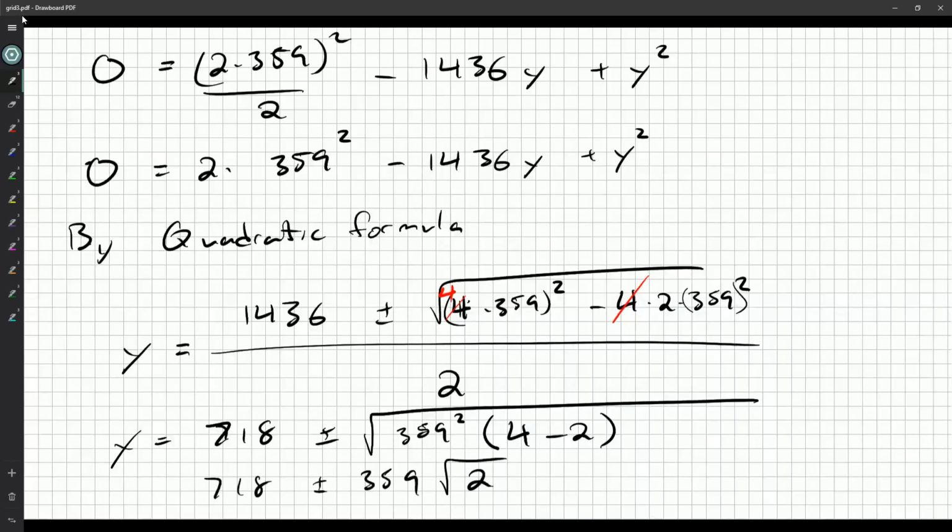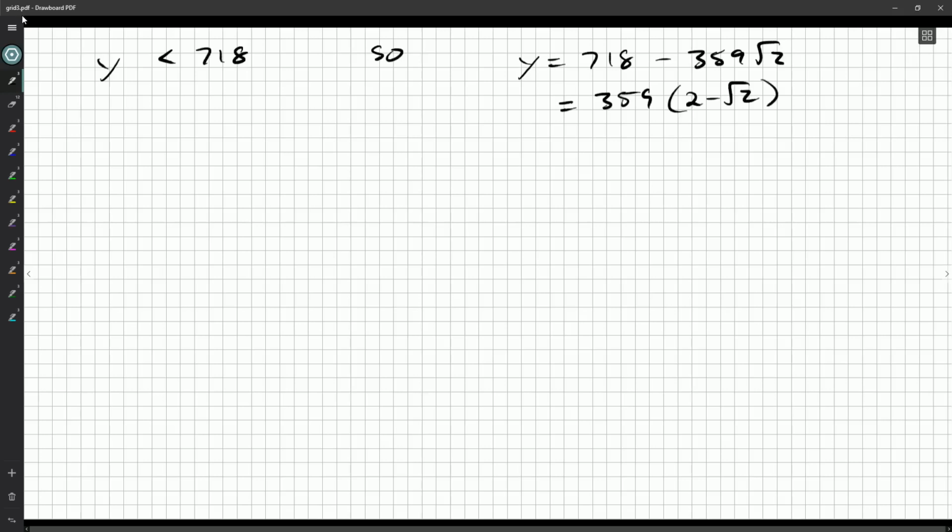So can we do 359 times the square root of 2? It's 507, so yeah, we can subtract that. Shouldn't add it, incidentally, because y is a side length, so y is less than 718, so obviously y is equal to 718 minus 359 root 2, which is actually going to be 359 times 2 minus root 2.